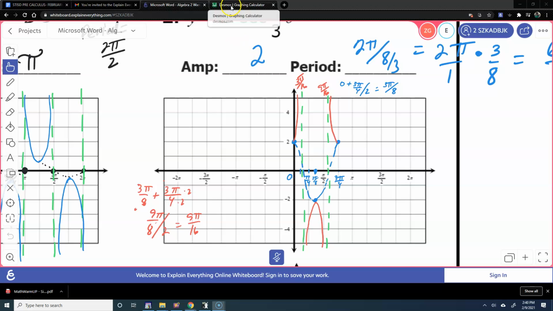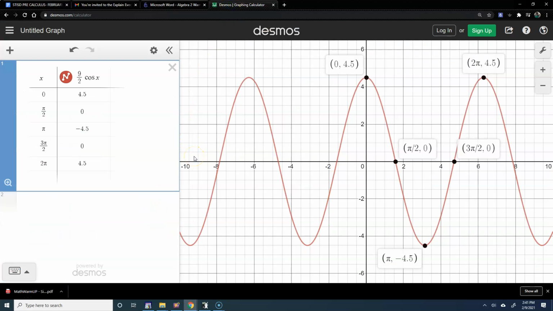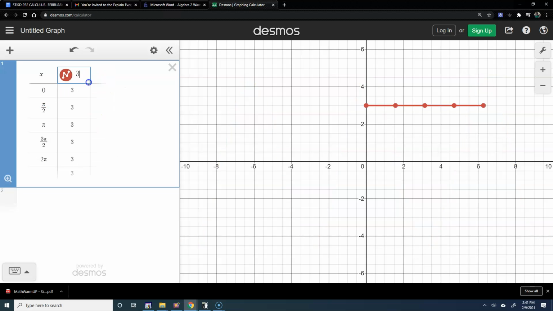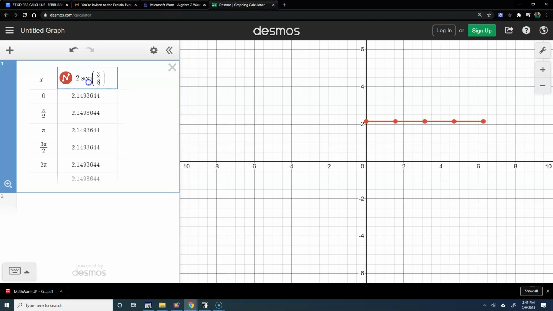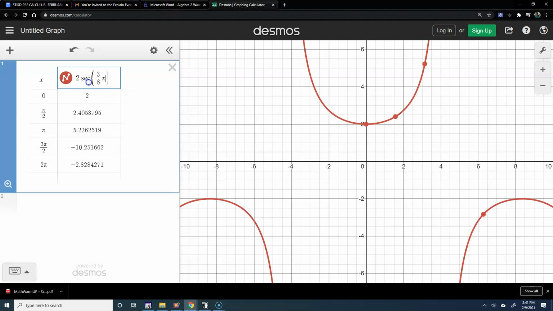So if I go to decimals, I'm going to go ahead and write 2 times the secant of 8/3 x. Actually, it's 8/3.